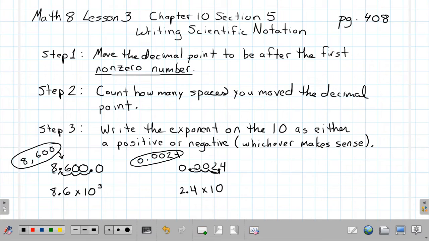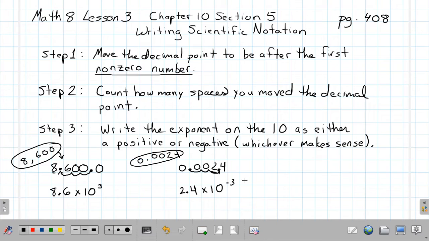Now in this case, we need to make sure we're making sense with this. We moved it 3 spaces to the right, but once again, we have to think about this logically. If we're writing this number in scientific notation, we want to make the 2.4 smaller, into 0.0024. So that means we would need to use a negative exponent.